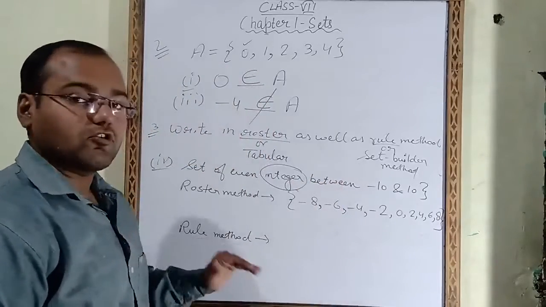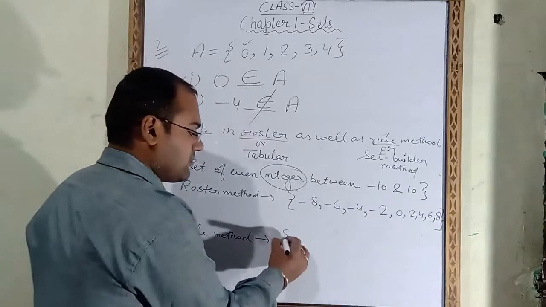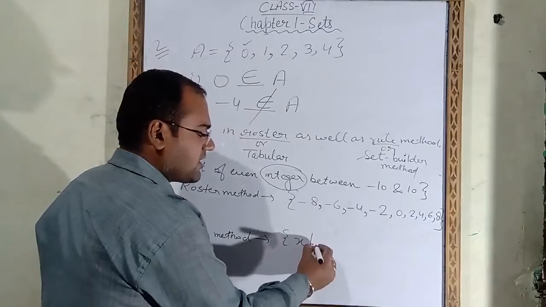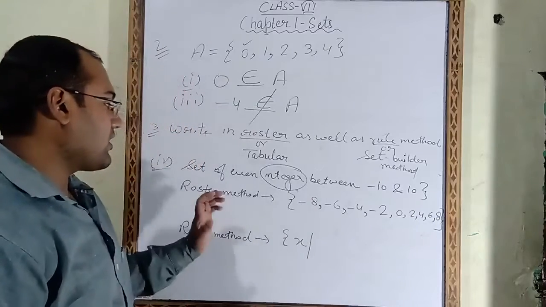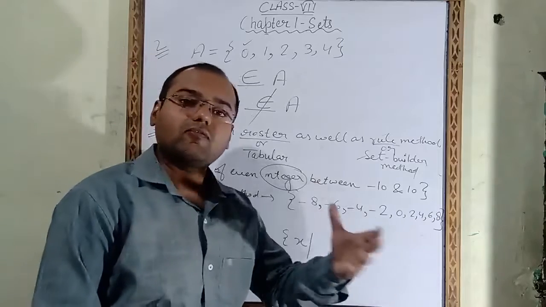Now in rule method, we have to write the property. We begin like this: x such that. These even numbers are coming in the table of 2.